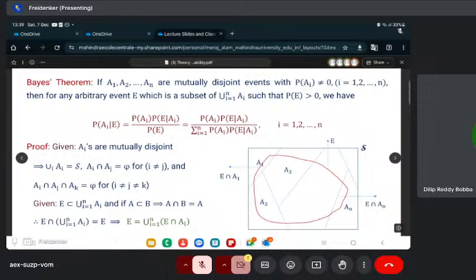Okay, let me just read the theorem. If A1, A2, and so on until AN are mutually disjoint events, mutually disjoint.